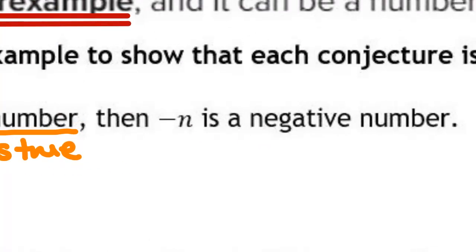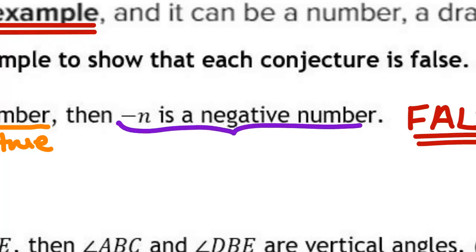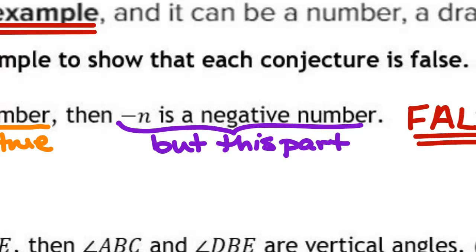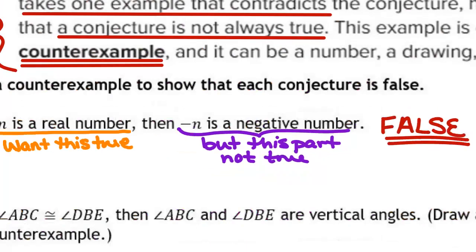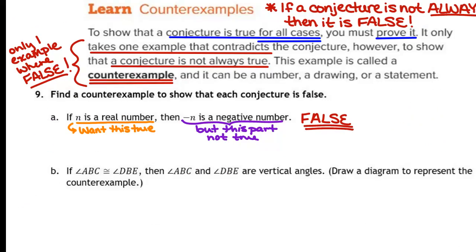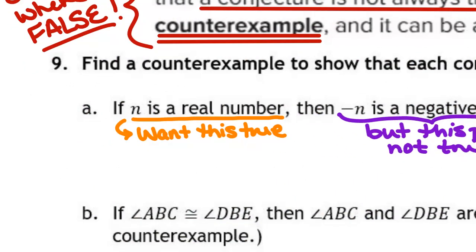But this part false. All right, so I have to think up a real number, but when I put a negative sign in front of that real number, I don't end up with a negative number. So let's look at an example here.